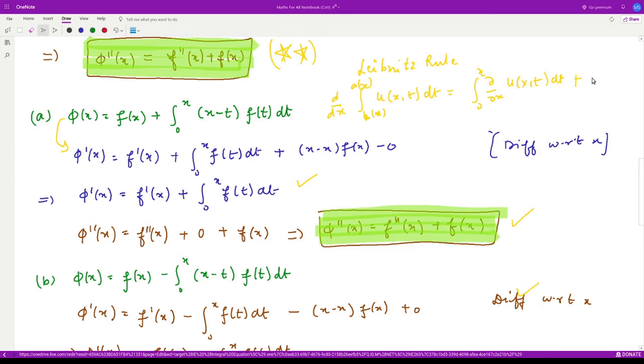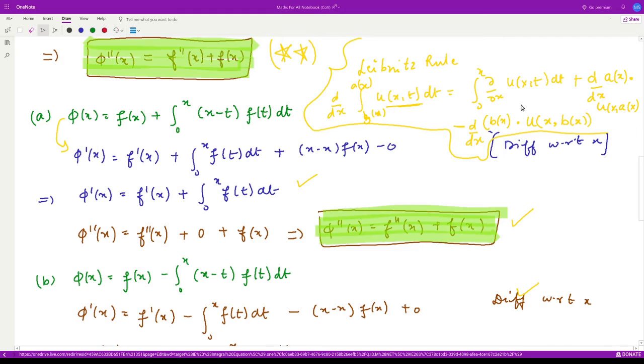So in that case, it would be the derivative with respect to x of the upper limit multiplied by this whole function evaluated at the point a of x, the upper limit, minus the derivative of the lower limit b of x, and this whole thing multiplied by u, where we replace this t by the lower limit b of x, right? This you should know by now, right? So this is the rule.